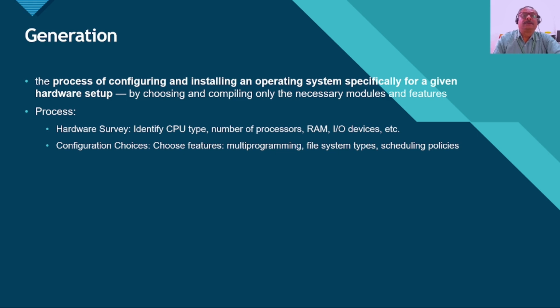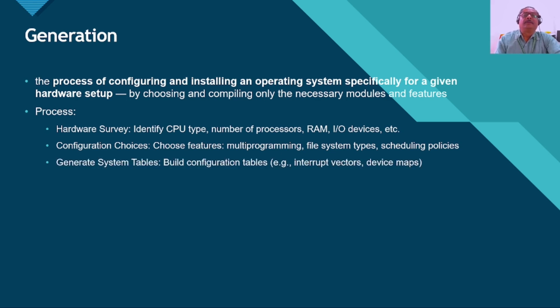Once the survey is done, we look at the configuration choices, and we choose features like multi-programming, file system type, scheduling policies and all that, identified as best suited for the available hardware. And then it creates system tables, building configuration tables like interrupt vectors, device maps and all that.